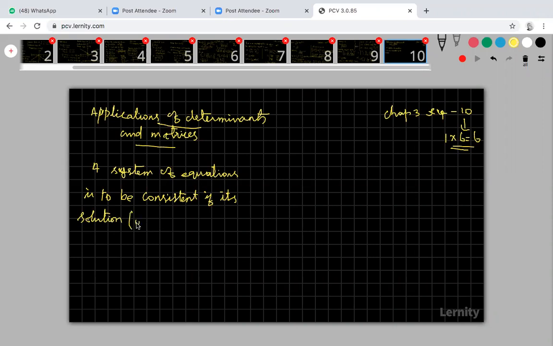Solution means one or more, either one solution or more solutions.